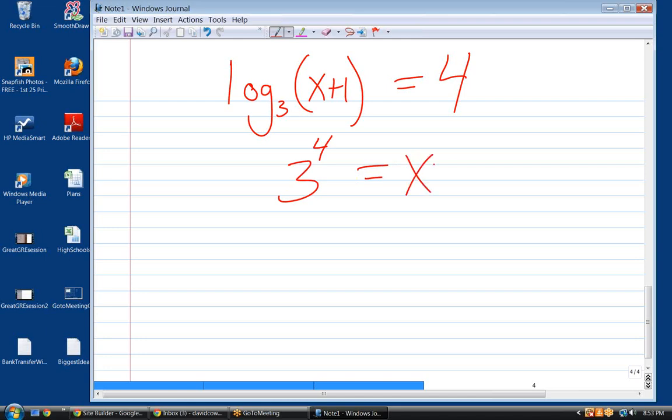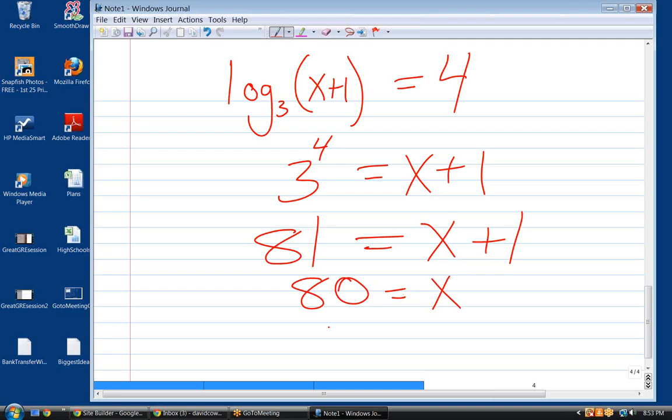No? You're changing it to exponential. Oh, right. When we're in exponential, we don't have any log anymore. In other words, these two are identical. Just this is exponential and this is the logarithmic form of it. So 3 to the 4 is 81 equals x plus 1, x equals 80. That was pretty easy. Yeah.